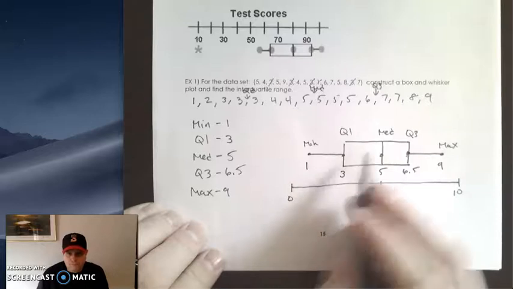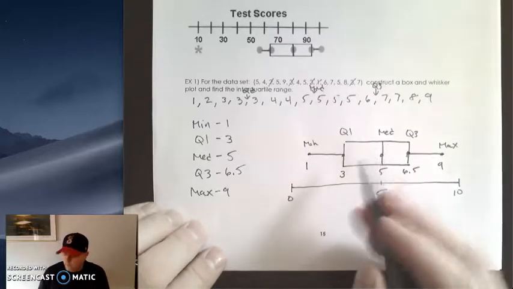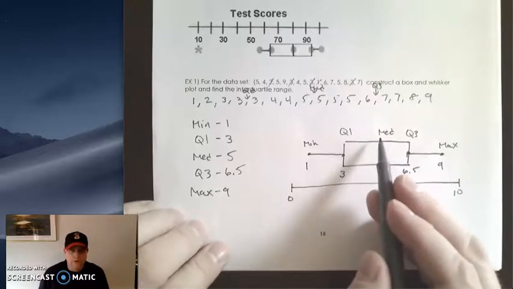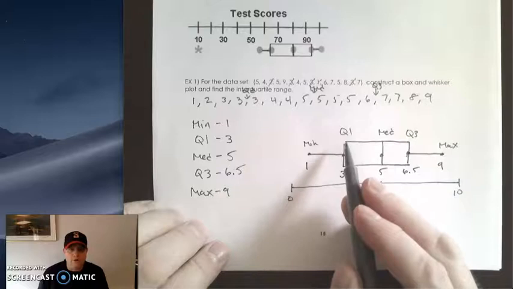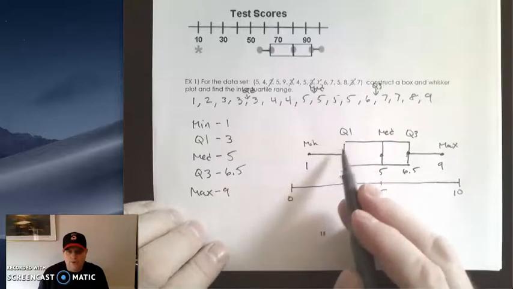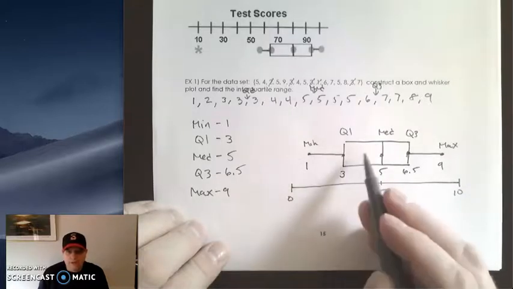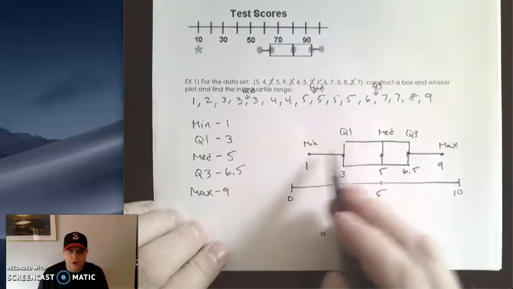So sometimes, again, the median could be the second quartile as well, but we usually call that the median. Couple of things. Now, the first quartile is also called the 25th percentile, which means that 25% of the scores are either at the first quartile or below it. The median is the 50th percentile, which means half of the scores are at the median or below it.